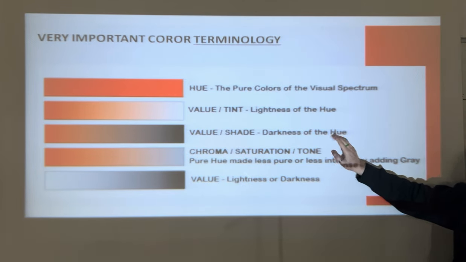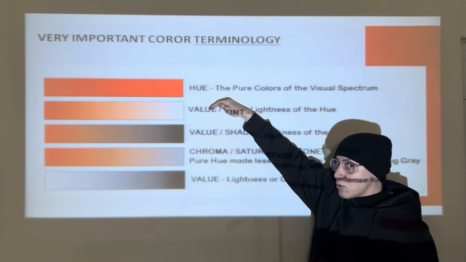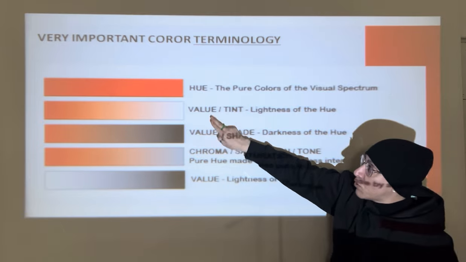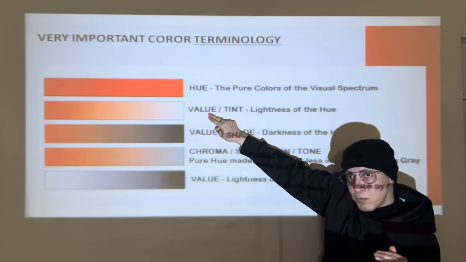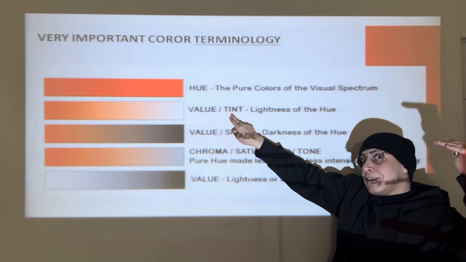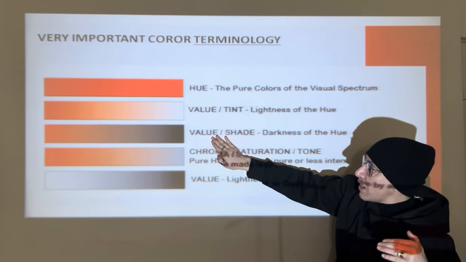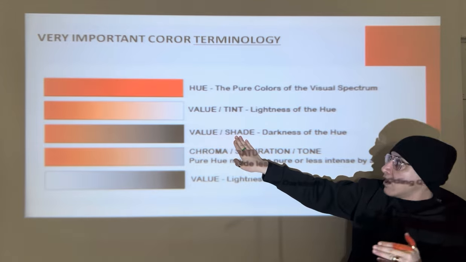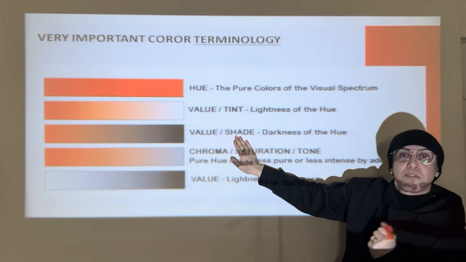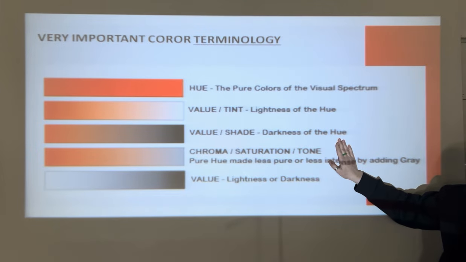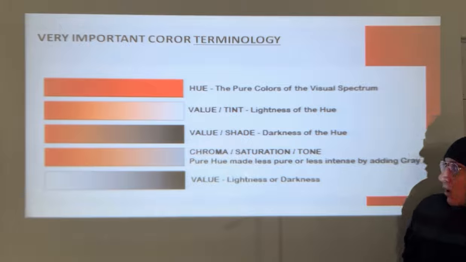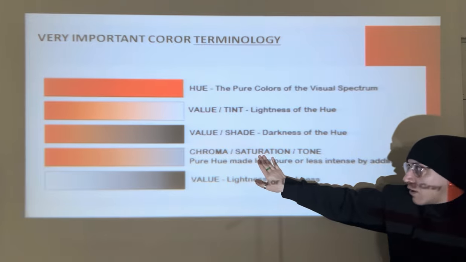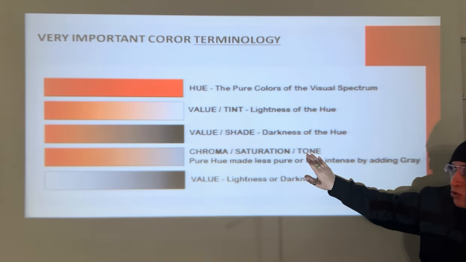Darkness of the hue. Look, this is value, and this is value, because value can be light or dark. But when we say lightness, it means tinting, tint. When we say dark, that means we're shading, we're adding black, for example. So the darkness of the hue, just to differentiate. Okay, what is chroma here? Chroma means the same as saturation or tone.